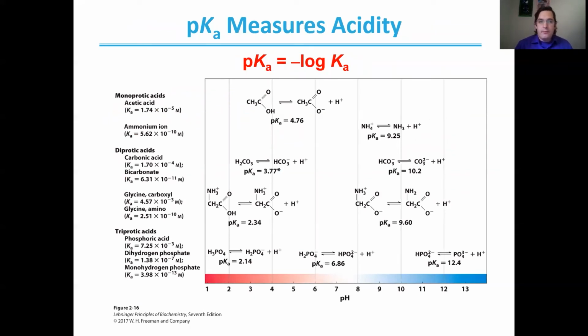Now, one of the ways that we can easily look at the ratio between our conjugate acid and our conjugate base form is actually using pKa's instead of our Ka for our equilibrium constant here. So the pKa, of course, is just the negative log of our Ka.